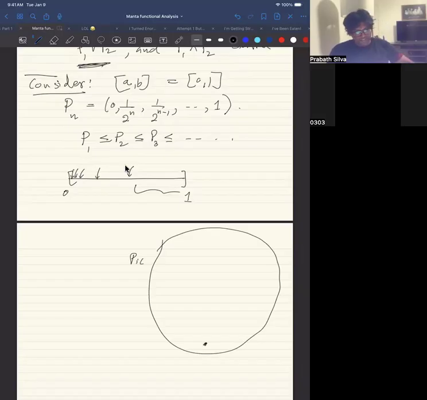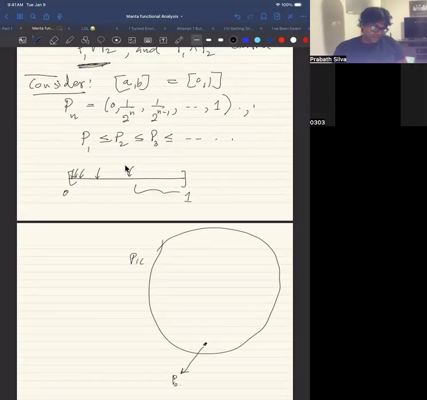You have the lowest partition, call it P0, when you put n equals 0, you have 2 to the power 0, that's 1. And then you have P1 and so on. But it'll never get to the top. I mean, there is no top in this directed set, but the infinity that we are after is not this.